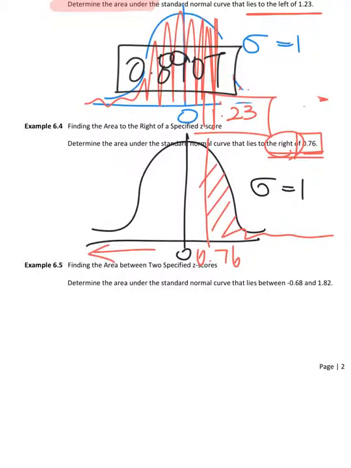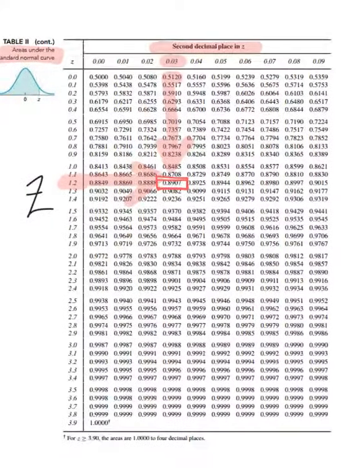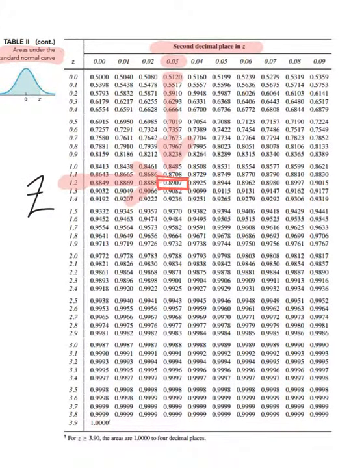Why not? Go to the z-table. Now look for 0.7 and 6. What is the probability? 0.7764.